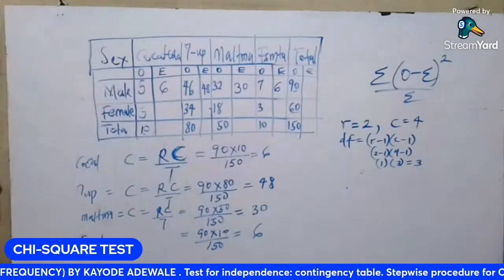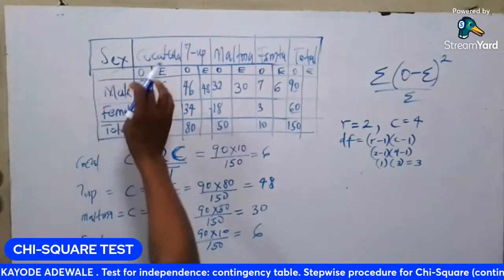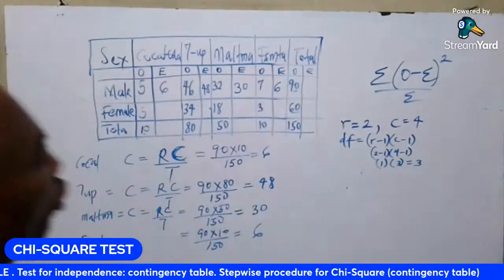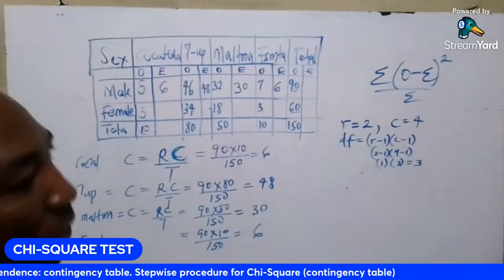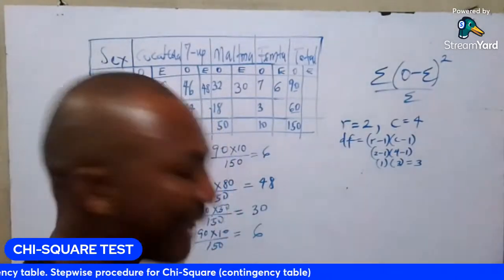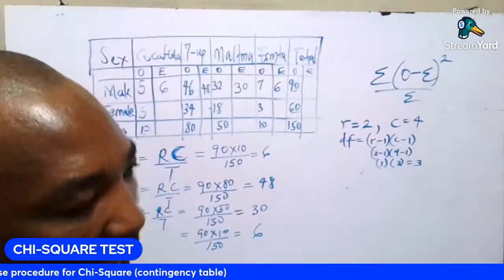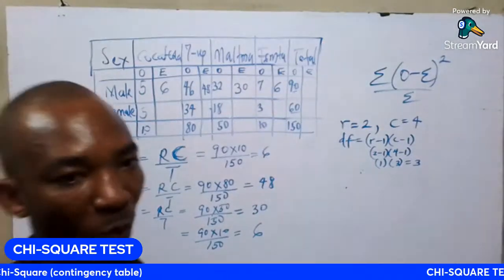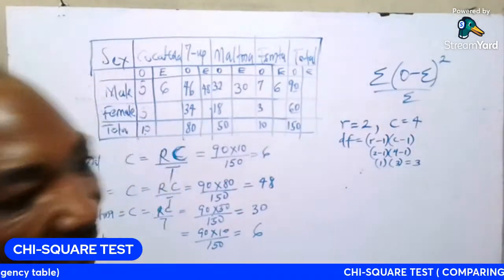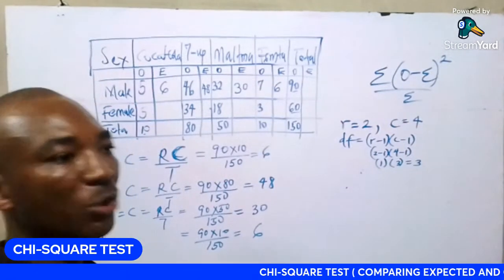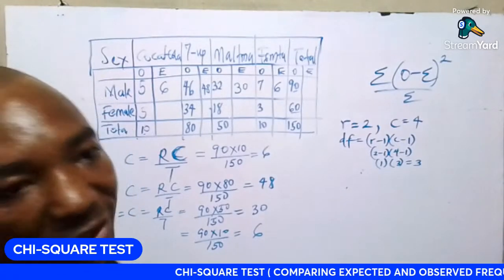Now, what you have just done for the male, which is the first row, you are going to do the same thing for female. Of course, at our elementary level, we normally call a question a word problem, where they say, I think of a number and I add 3 to the number and the result is 5. What is the number?